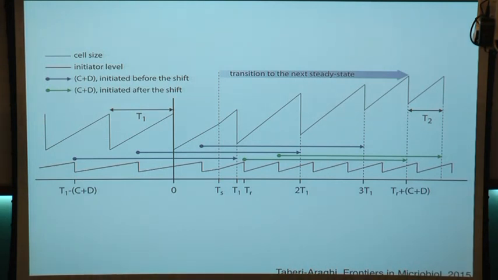The largest time scale one can expect, as a kind of memory before shift up, is really determined by the length of this arrow, which is C plus D. So that will be the last point, and that will still dictate the division up to C plus D. I think this is what is most important.